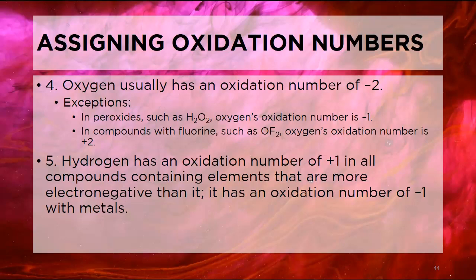Hydrogen is usually going to have an oxidation number of +1, as long as it's not the most electronegative. If it's with metals, though, it will have an oxidation number of -1.